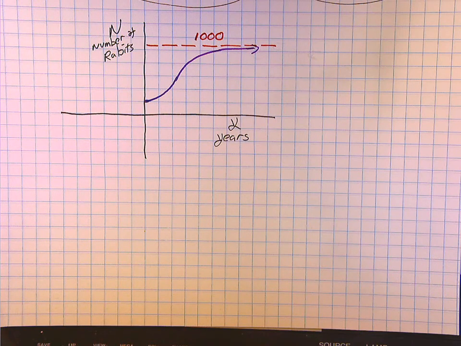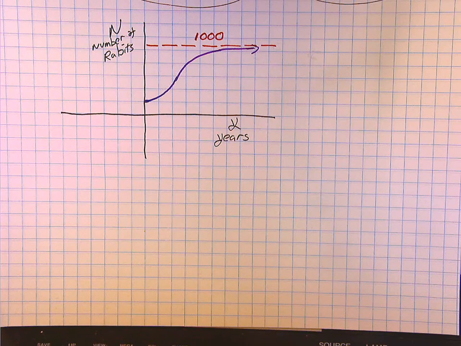So, no matter how many years you have the rabbits on the island, they're going to get closer and closer to 1,000 rabbits on the island in an ideal, perfect situation. Clearly, that doesn't exist in the real world, but we can imagine that. There's only so much room on the island, and these rabbits are approaching that barrier.